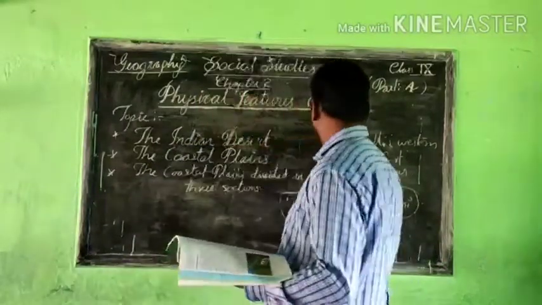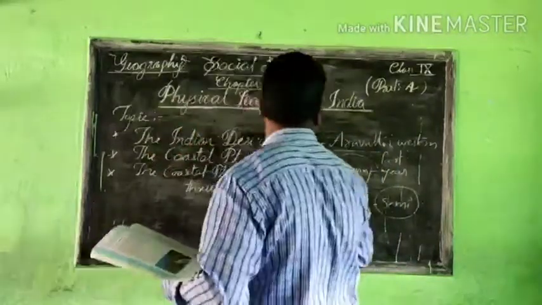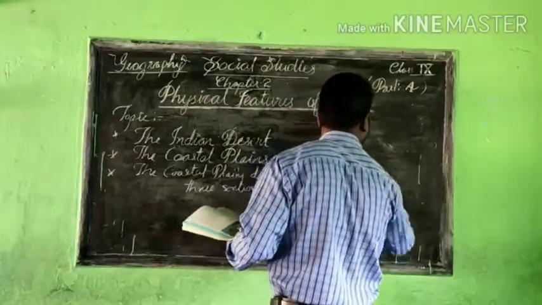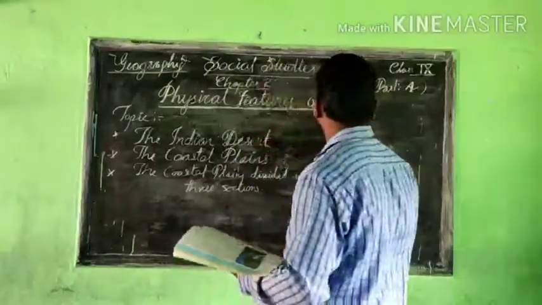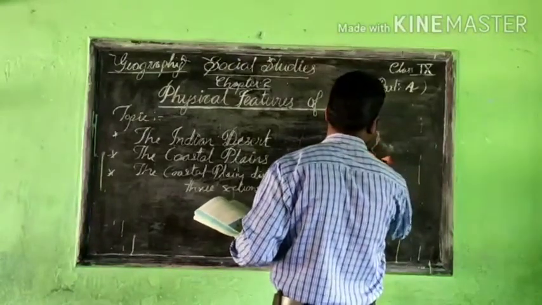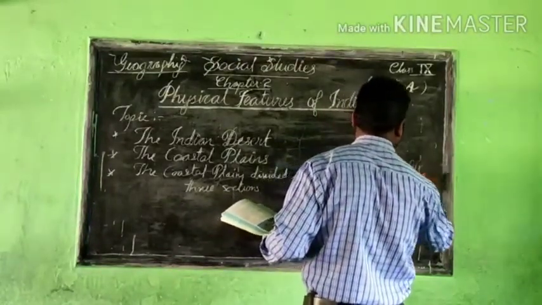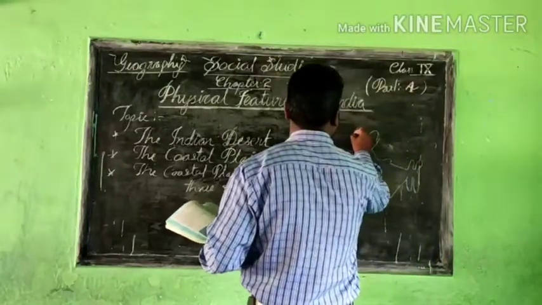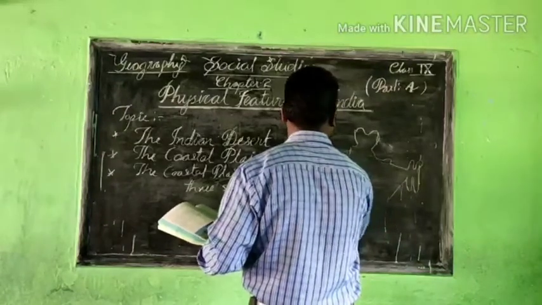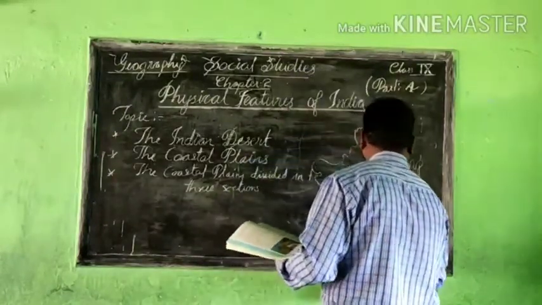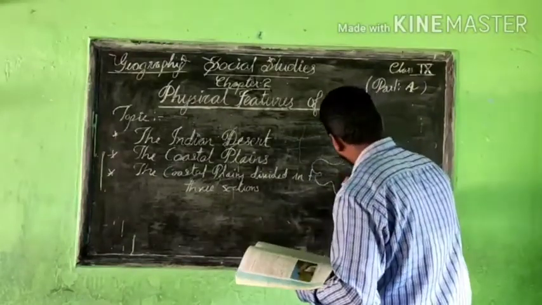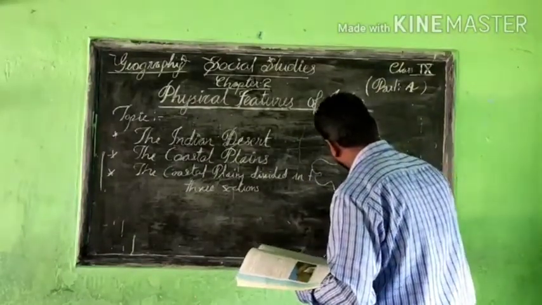You know that, and here we are getting the clear information for the plains. I already explained to you about the Western Ghats and Eastern Ghats.